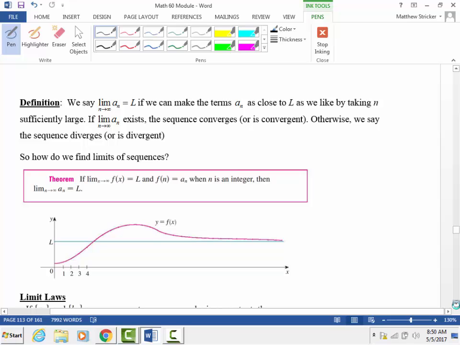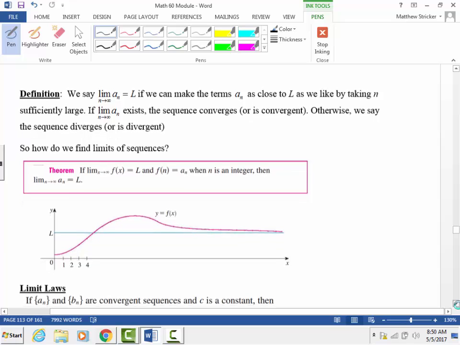That's all it's saying. If I take the limit for a function, a smooth curve that goes through a point, and that function has a limit, and that function is the same thing as the sequence, then that sequence will also approach that same L. Questions about that?